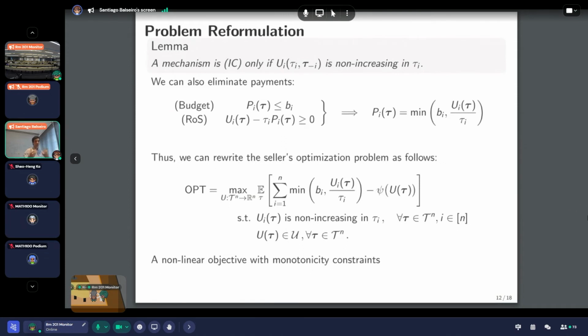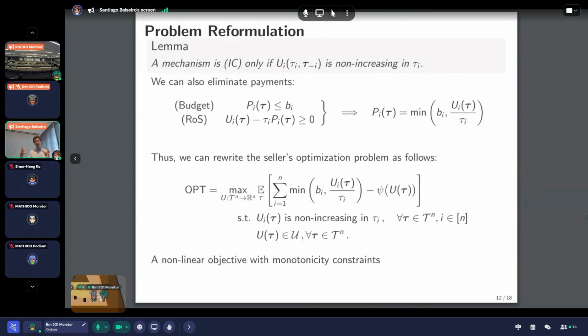Now, we have two constraints. For the IC constraint, we replace IC with this new constraint that we need this function to be monotone for each of the components. And then we have the other constraint that says that the values that we choose should be implementable. They should lie in the set because then we want to be able to pick an allocation to implement them.